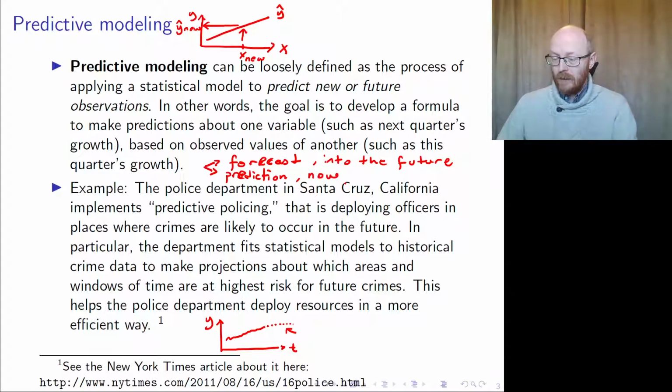So that would be predictive modeling. Okay, you use your model to say something about a new instance now or a new instance into the future. And we're coming back to this later on in the course.